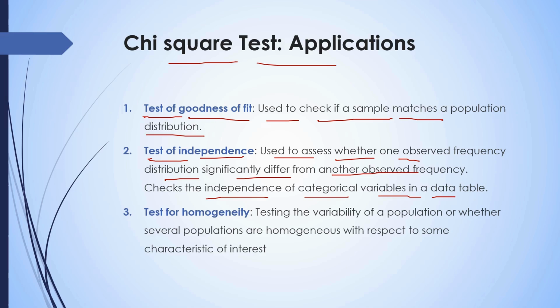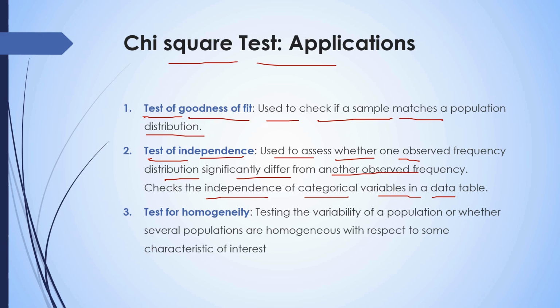If you remember, this was one of the earlier assumptions of the chi-square test, that all our observations are independent of each other. And chi-square test actually can be used to check that also, whether one observed frequency distribution is significantly different from another observed frequency and is not dependent on it.